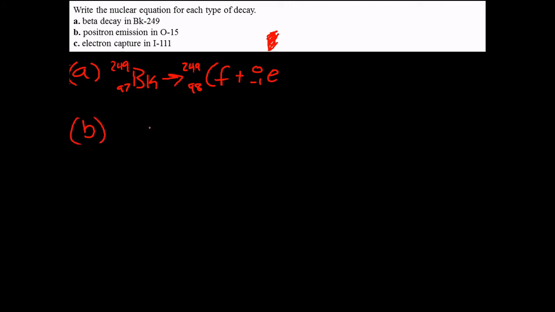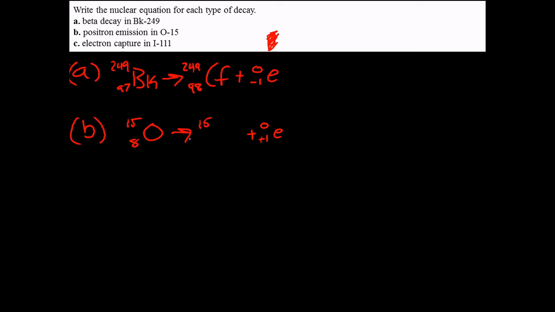Part B, we have oxygen-15. Oxygen is element number 8 on the periodic table. And that is undergoing positron emission. So we know one of our products is this. So it has the same symbol as an electron, but it's positively charged instead of negatively charged. Again, the mass number is not changing.